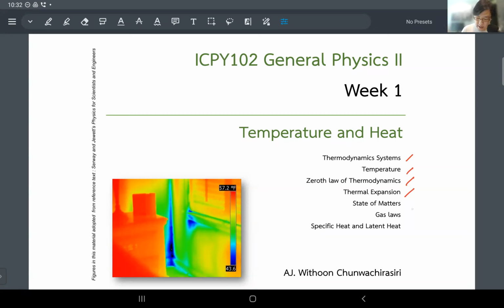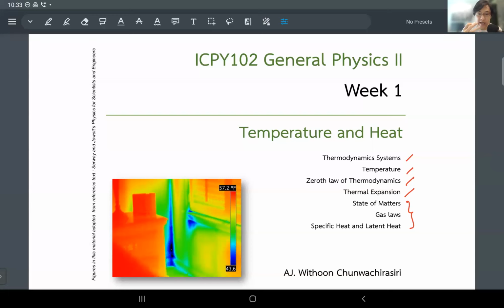And once we get that done, then we're going to have a look at some very familiar properties of matter. We're going to start with the states of matter, but the one that we're going to focus on the most is going to be gas. The reason that we are going to focus on gas is that we have gas laws, which give us an ability to calculate things, or we have some equations for us to explain gas behavior.